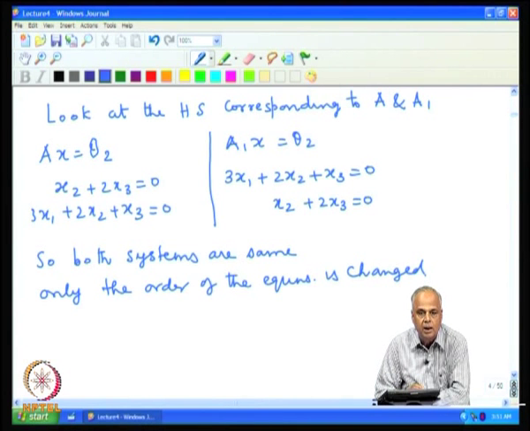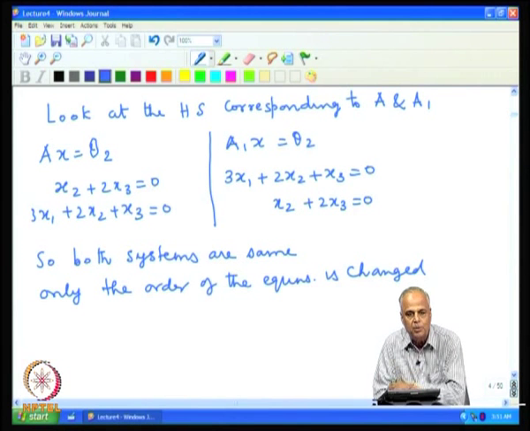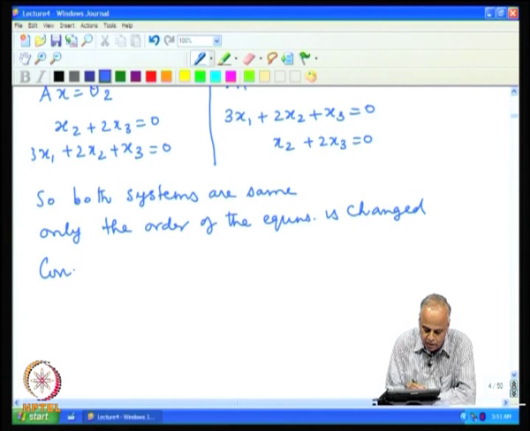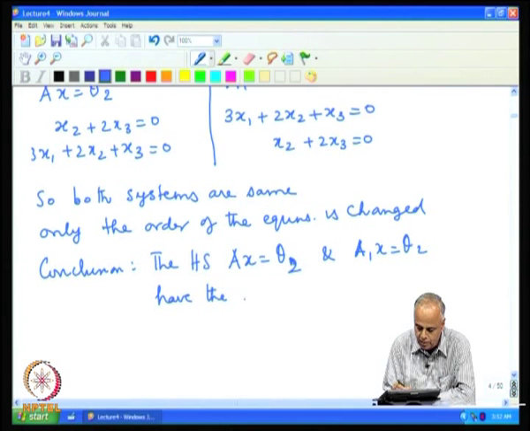What does this imply? This implies that whenever something is a solution for the system Ax equal to theta 2, it will also be a solution for the system A1x equal to theta 2 and vice versa. So, the conclusion we can draw is that the homogeneous systems Ax equal to theta 2 and A1x equal to theta 2 have the same set of solutions.